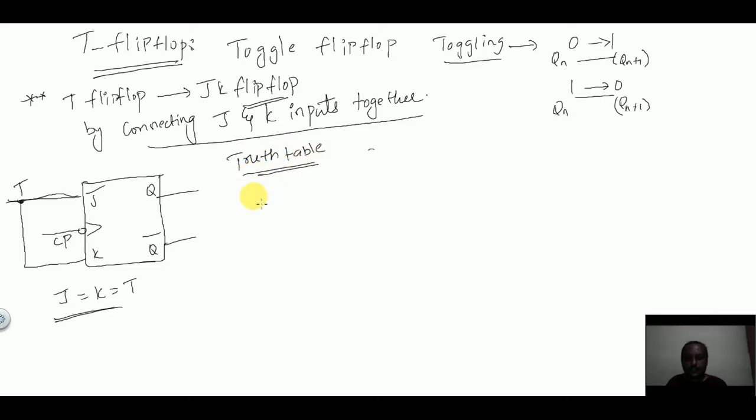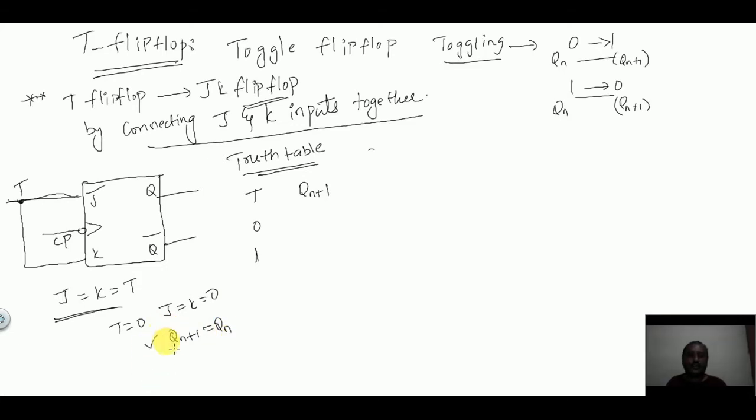Truth table of T flip-flop. So T, Qn plus 1. Since there is only one input, there are only two possibilities: T is equal to 0 or T is equal to 1. When T is equal to 0, then J is equal to K is equal to 0. When J is equal to 0 and K is equal to 0, then Qn plus 1 is equal to Qn.